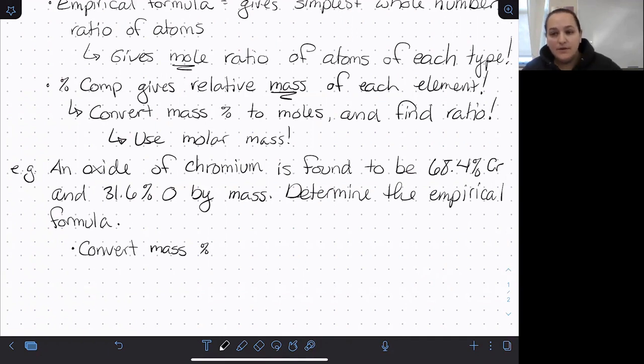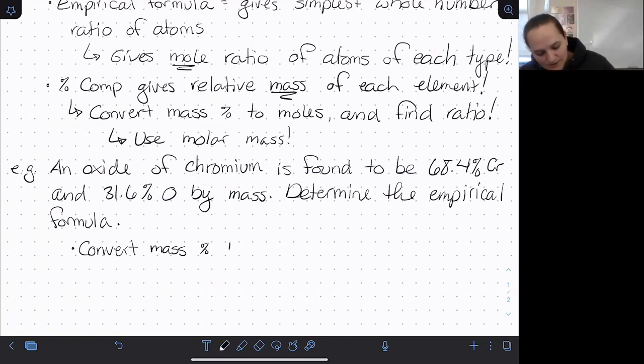But if we assume that we have a 100-gram sample, then our percentages are going to be equal to the masses that we have. If we had 100 grams of this oxide, we would have 68.4 grams of chromium in that sample, because 68.4% of 100 is 68.4, and we would have 31.6 grams of oxygen in that sample for the same reason.